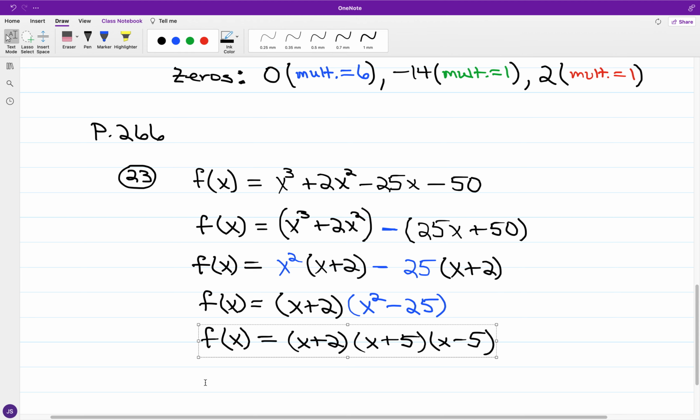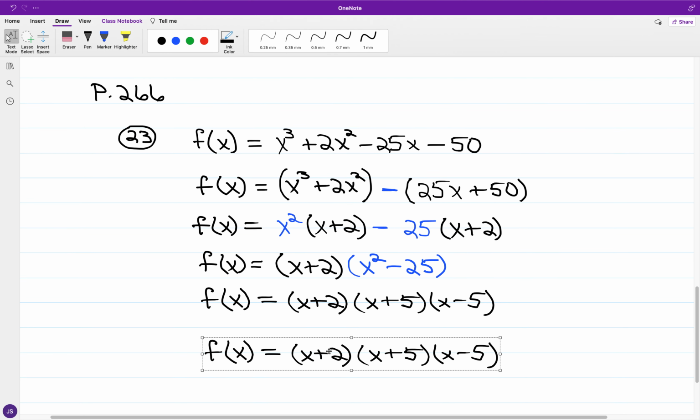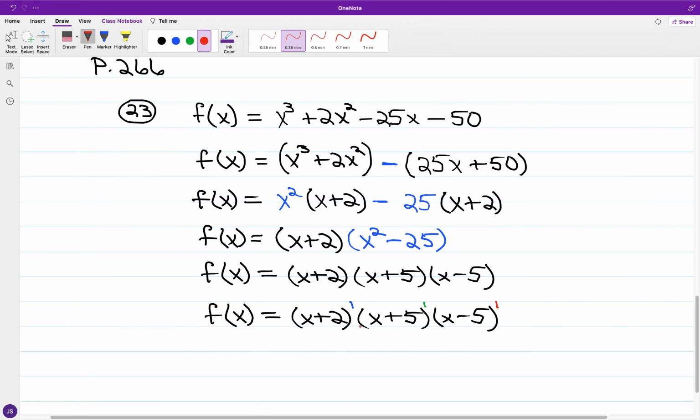Okay, so this is our factored form. And again, not an absolute must, but I'm just going to, again, stress the degrees. So you got 3 distinct factors for which we're going to have 3 distinct zeros.